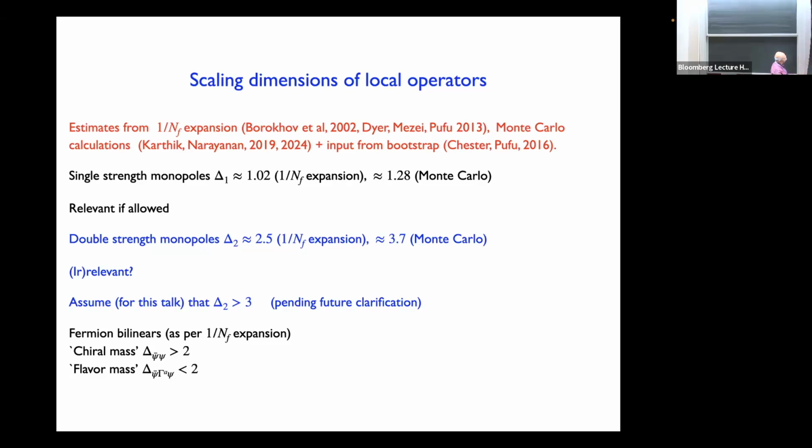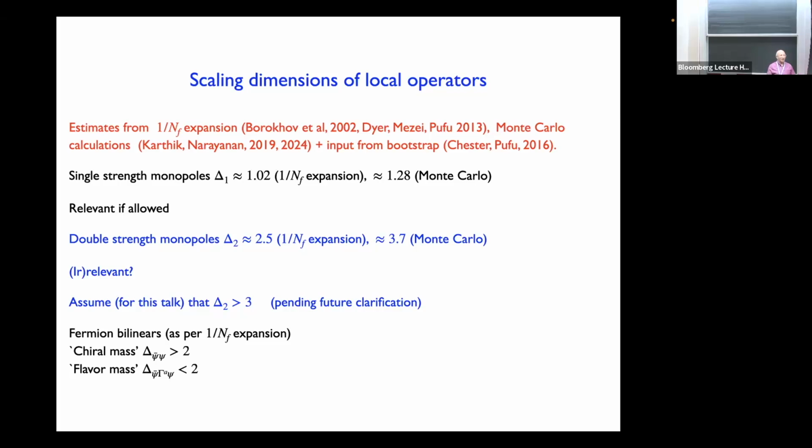For the double strength monopoles, the 1/NF expansion extrapolated to NF equals 4 gives a scaling dimension of 2.5, while a very recent Monte Carlo paper estimates a scaling dimension of 3.7. So one of them says it's going to be relevant, the other says it's going to be irrelevant, and there's a window.